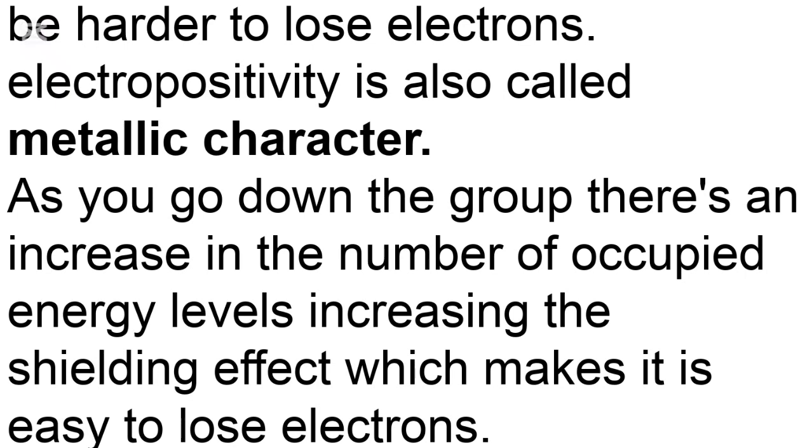Electropositivity is also called metallic character. As you go down the group, there is an increase in the number of occupied energy levels, increasing the shielding effect, which makes it easy to lose electrons. I hope you've understood that.